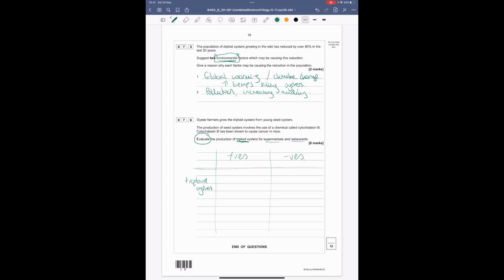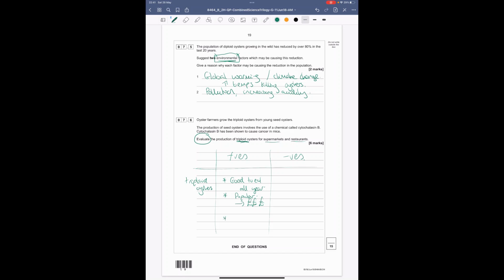So the advantages of using triploid oysters, as it mentioned previously in the question, are that they're good to eat all year. So always remember to look back in the question if there's any little hints that have been given. And they are very popular. Because they are popular, that is going to equal profit for the supermarket or restaurant.